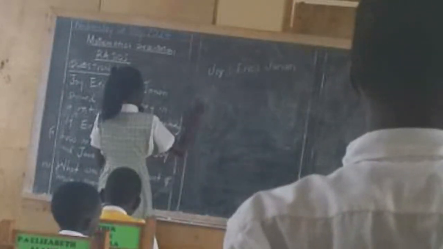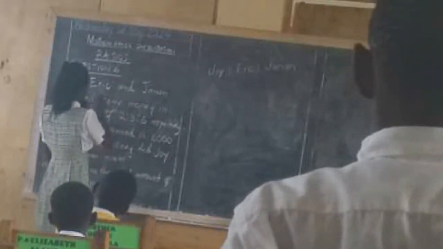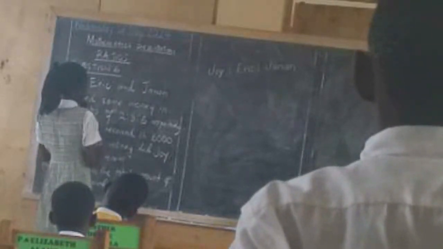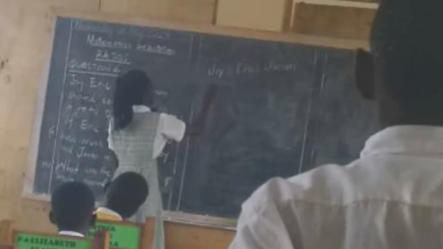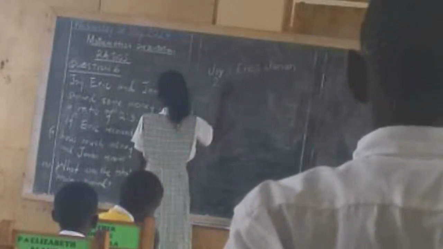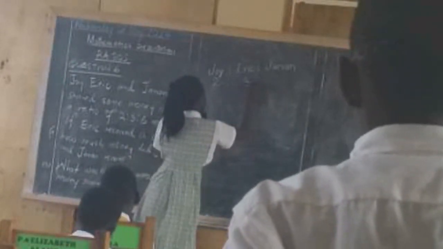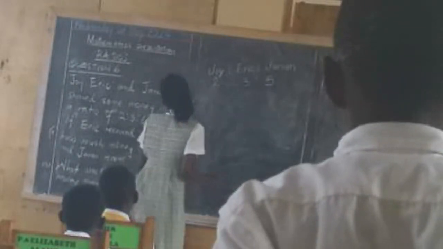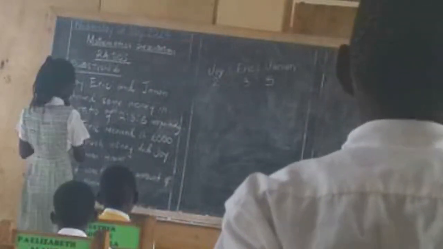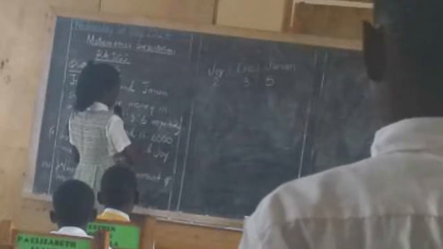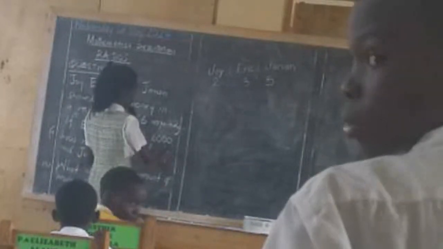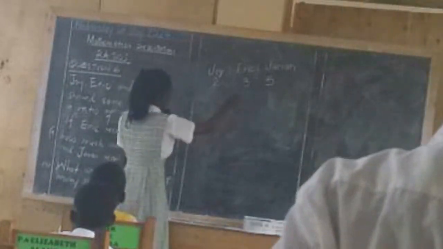So now we are going to give them their ratios. 2 is for Joy, 3 is for Eric, and 5 is for Janan. Here in the question they said, if Eric received 6,000 shillings, so we are going to write this 6,000 shillings under Eric's ratio.